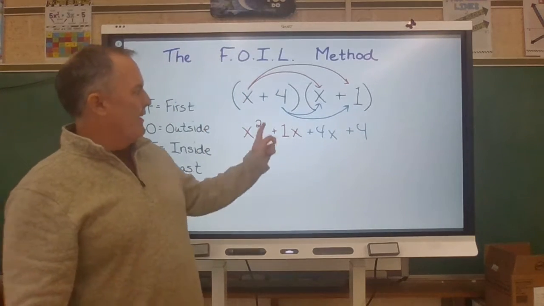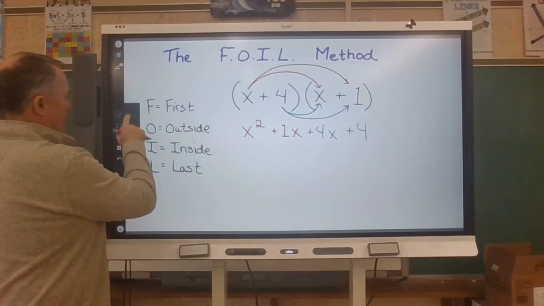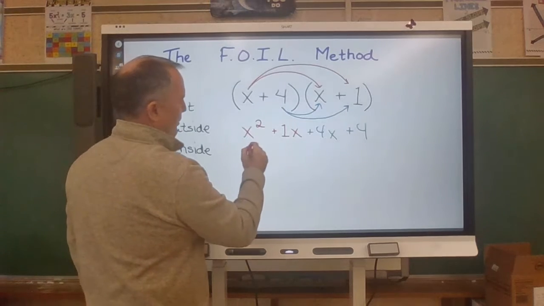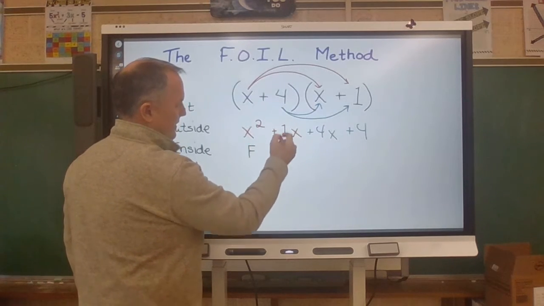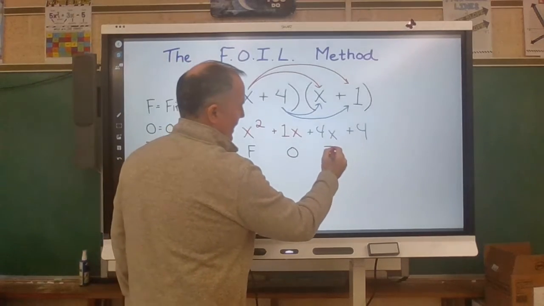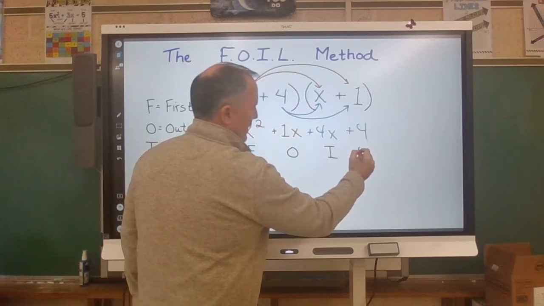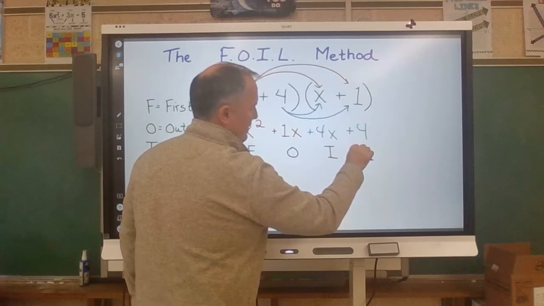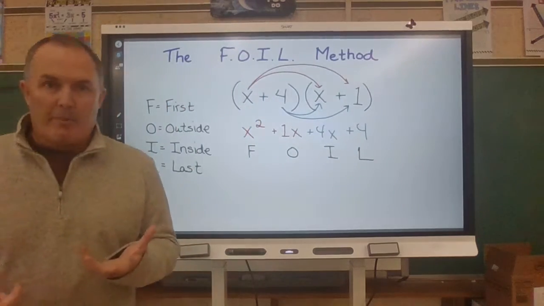All right, so we multiply the two first together. We have our F. That will be our O term. This will be our I. Then that will be our L. So we're able to FOIL it.